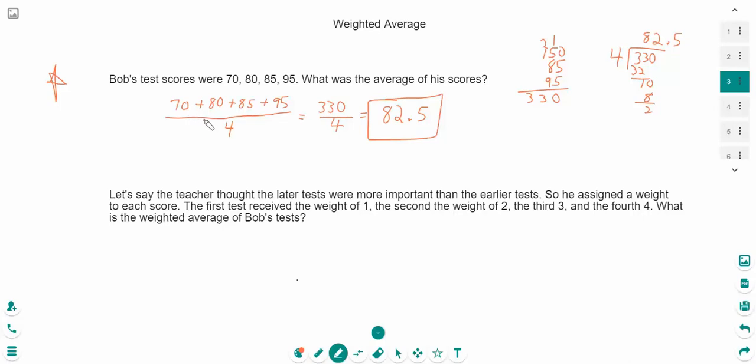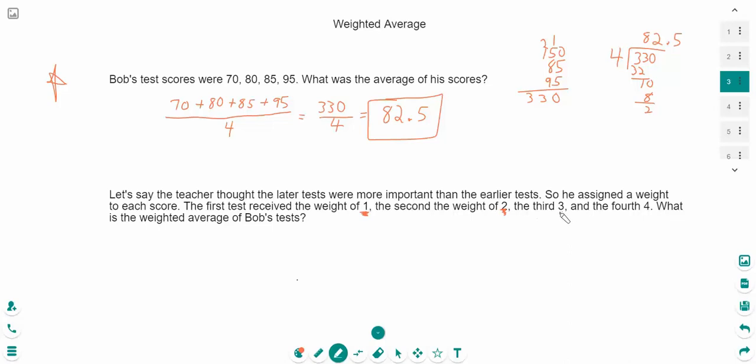Sometimes this is the way things are done. So if that's the case, the teacher might decide to add a weight to each of Bob's test scores. So the first test, she's going to give the weight of 1. The second score will have the weight of 2.